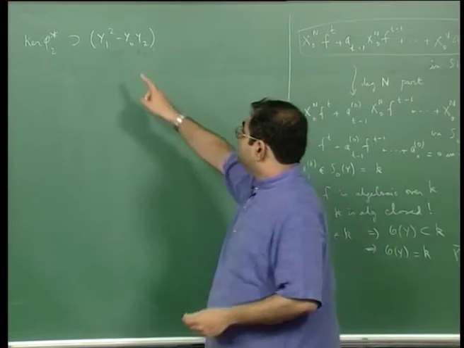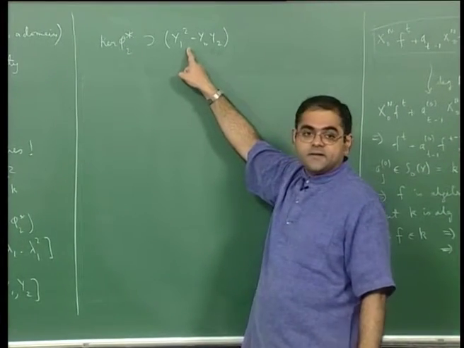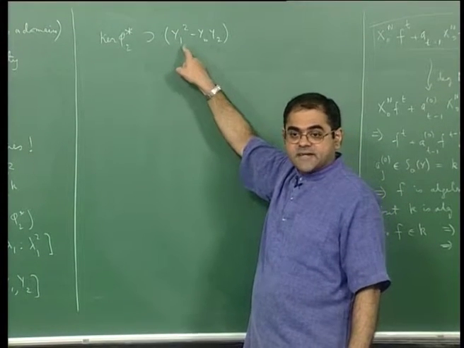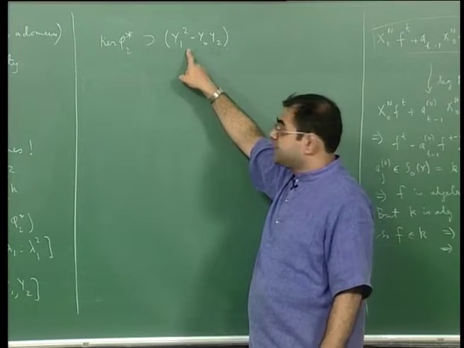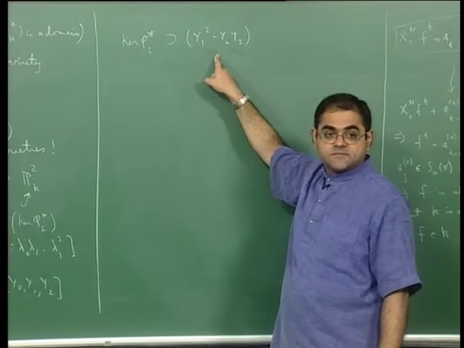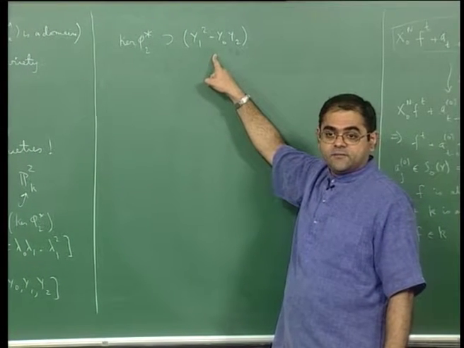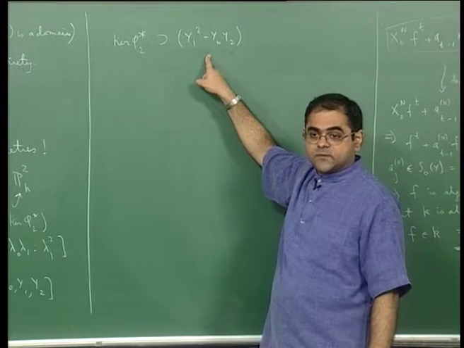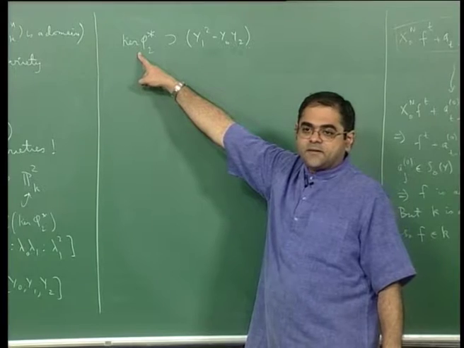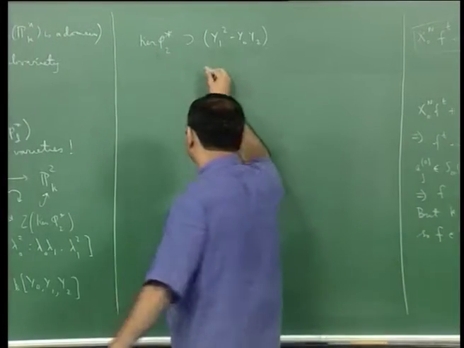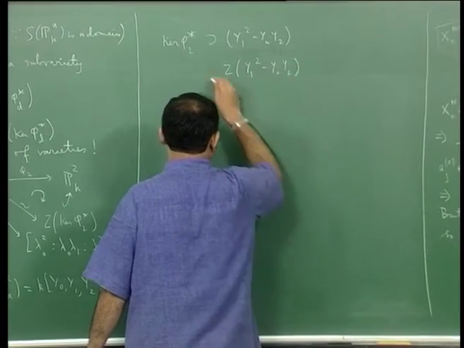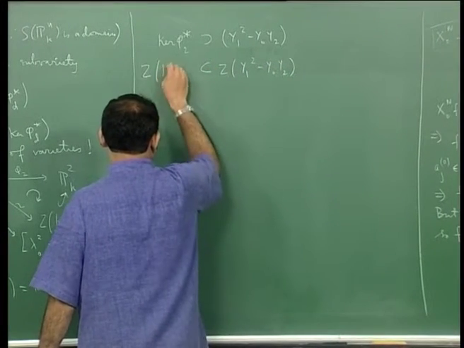So any minimal prime ideal that contains this has to be equal to this because it is already prime, and therefore its height is 1. Since its height is 1, the zero set of this will define a hypersurface, a one-dimensional object, whereas the kernel will also have the same height. So what this should tell you is that the zero set of y1 squared minus y0 y2 will contain the zero set of the kernel of phi 2 star.